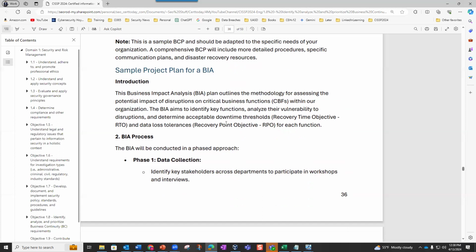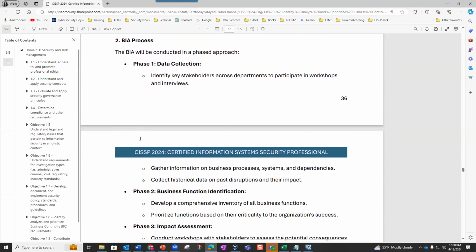The BIA aims to identify key functions, analyze their vulnerability to disruptions, and determine acceptable downtime thresholds, such as the recovery time objective, RTO, and the data loss tolerances, or recovery point objective, RPO, for each function.